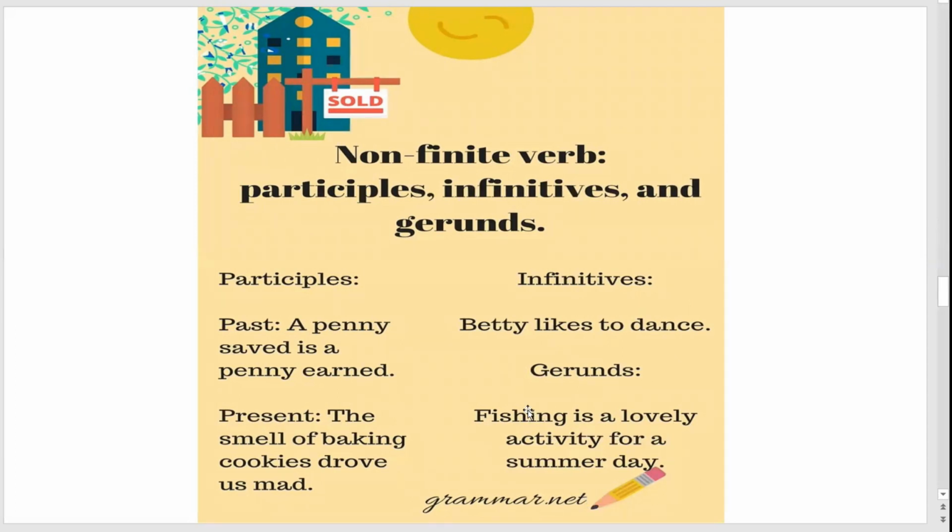So in this sentence, you can see that fishing is a lovely activity. Always remember, when we want to say that the given ing word is acting like a verb, then it should always have a helping verb. So is or are or was or were must be there. Otherwise you cannot call that word acting like a verb. Now there is no helping verb in this case.